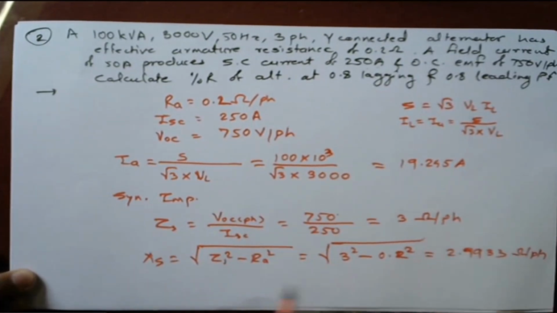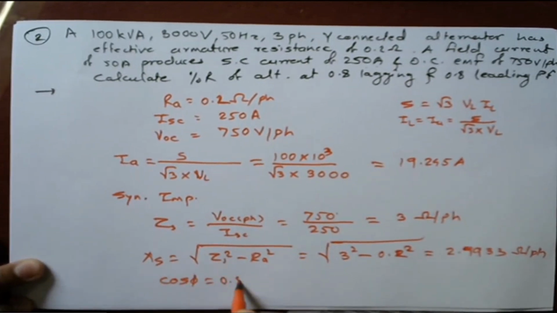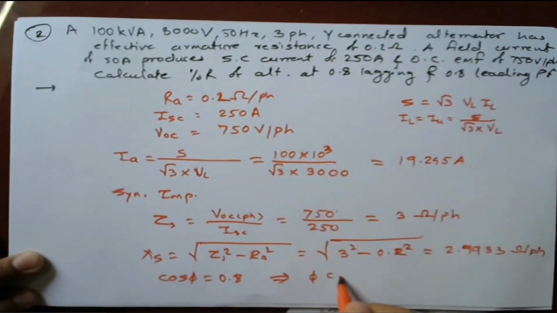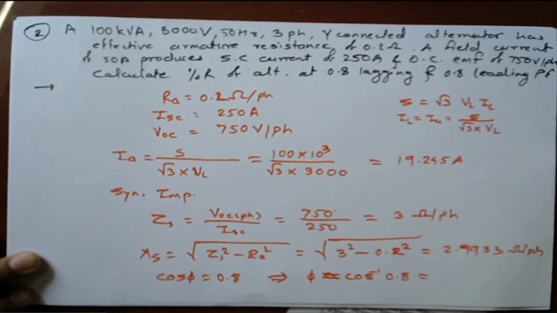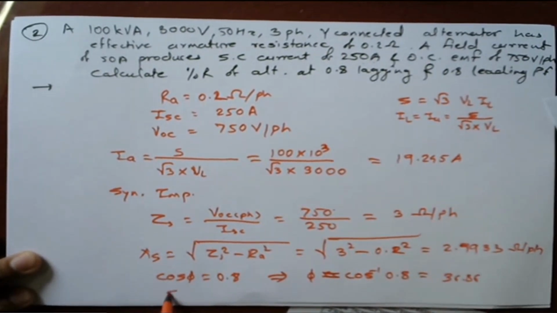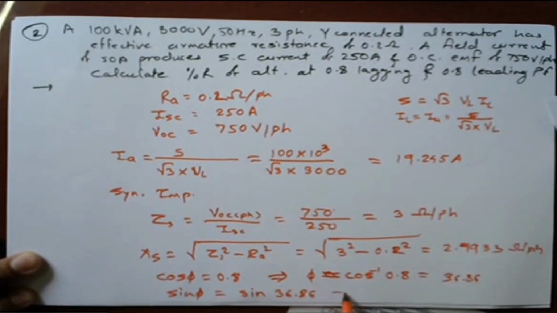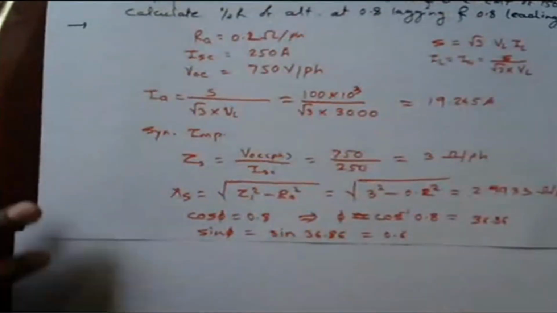Again, we have to calculate the voltage regulation for cos phi equal to 0.8. So phi will be cos inverse of 0.8. It is coming as 36.86. So what is sine phi? Sine phi will be sine of 36.86, which is equal to 0.6. So if I know these values, let us calculate voltage regulation.